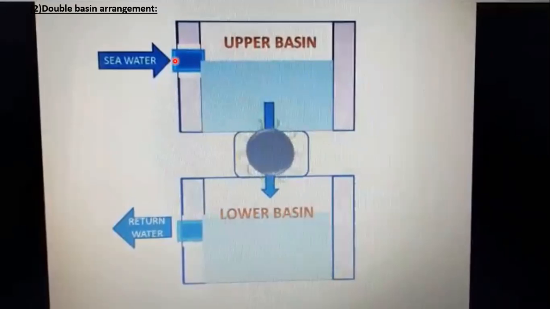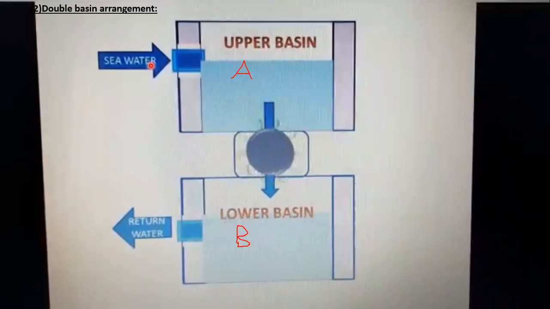First, what is happening? The gates of the upper basin are opened here. Suppose this is basin A and this is basin B. At the beginning, these sluice gates are closed and turbines are closed.